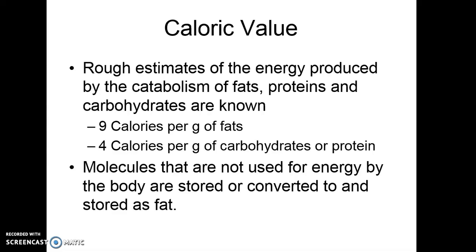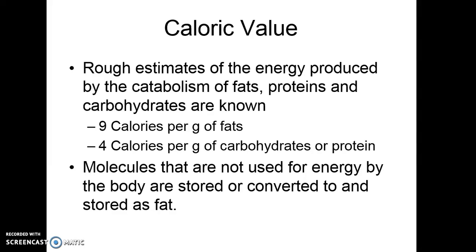Now, this calorie that is in food is not the same as a calorie used to heat 1 gram of water 1 degree Celsius. This is actually a kilocalorie, and it is written with a capital C. So a little letter c is a calorie, and when you write it with a capital letter C, it's actually a kilocalorie, not a true calorie.